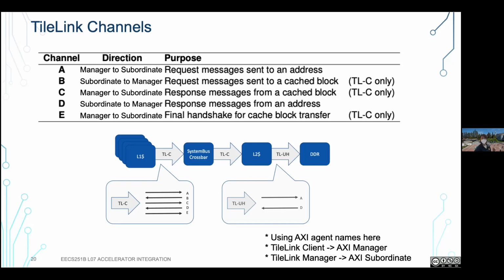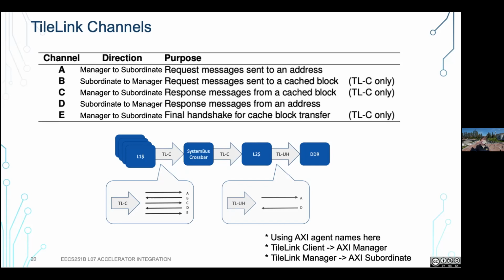Most of the time, we're doing the UL or UH. We just have A, for the request, sending out the address, and D, for returning the data. So there are just two channels involved in the communication. We only need all 5 channels, A, B, C, D, E, for coherence.